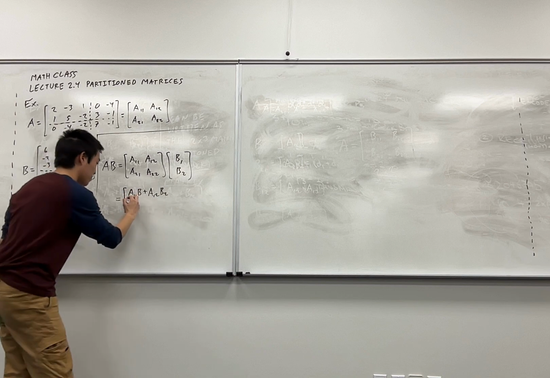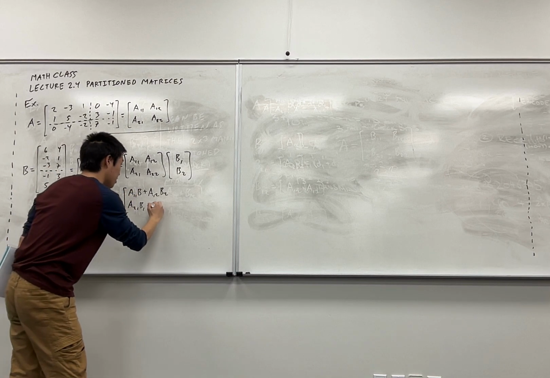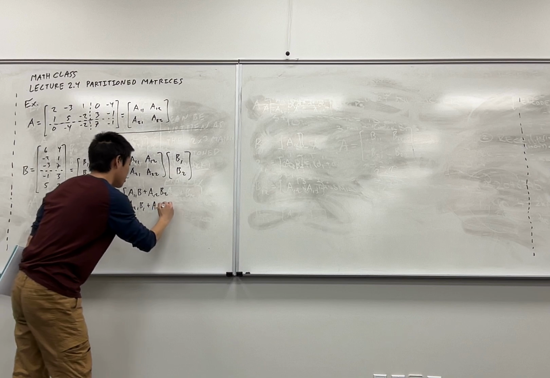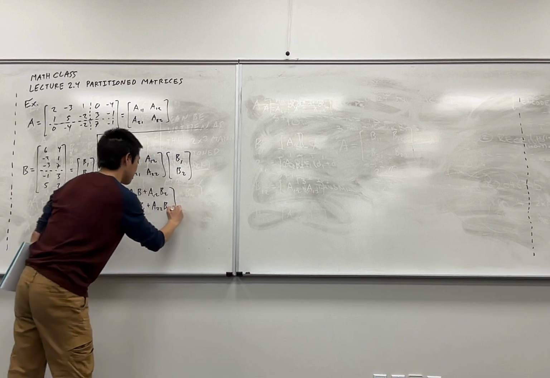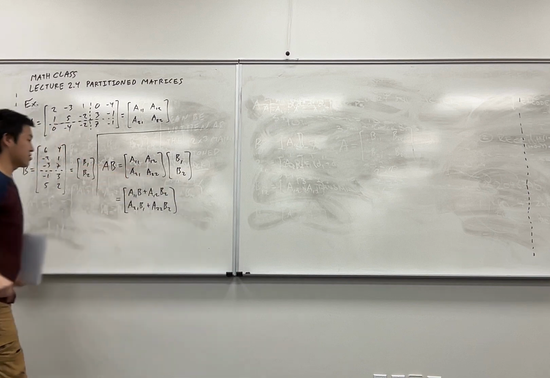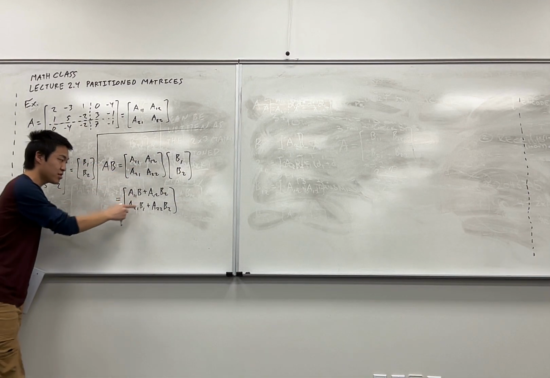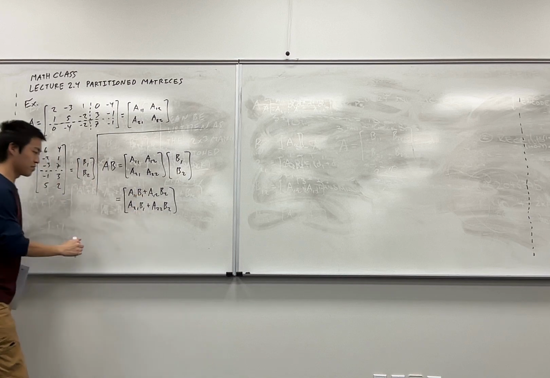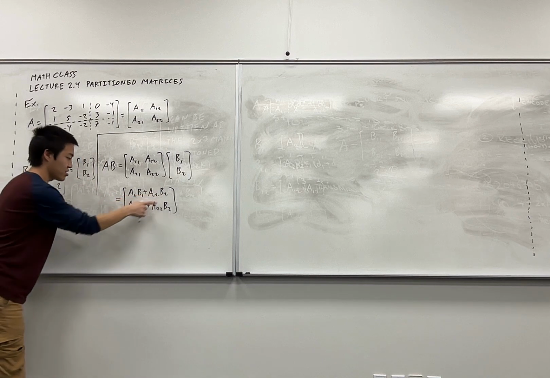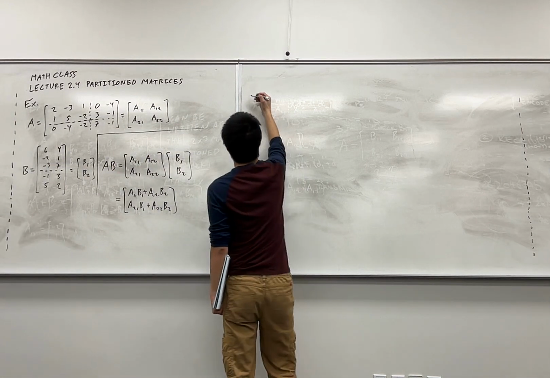And then on the bottom, A21 B1 plus A22 B2. So then the bottom dot product, A21 B1, A22 B2. So we can think of this multiplication as computing each of these smaller products, and then those are going to give us the multiplication.